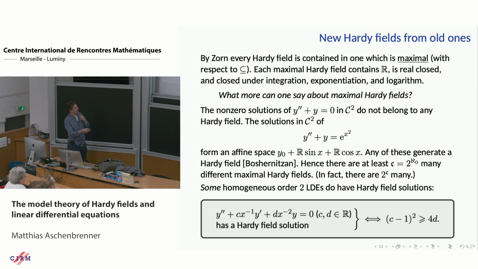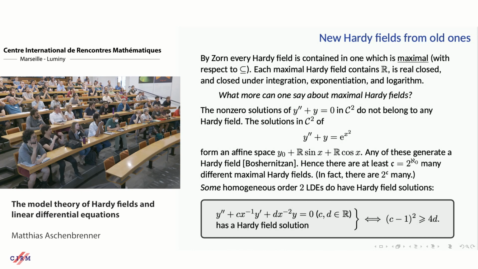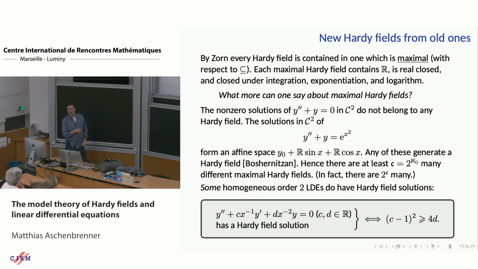And there you can tell when you have a Hardy field solution in terms of an algebraic condition on these coefficients c and d. For those of us who teach calculus, we know how to solve this, and if you're bored, you can do it now. Maybe later I'll do it if I have more time, because this example will come back. This is one of the cases where you can actually explicitly solve the equation, which, as we know from ODE theory, is not always the case.